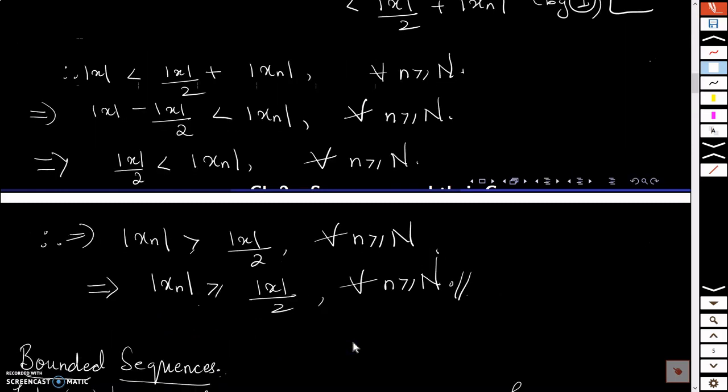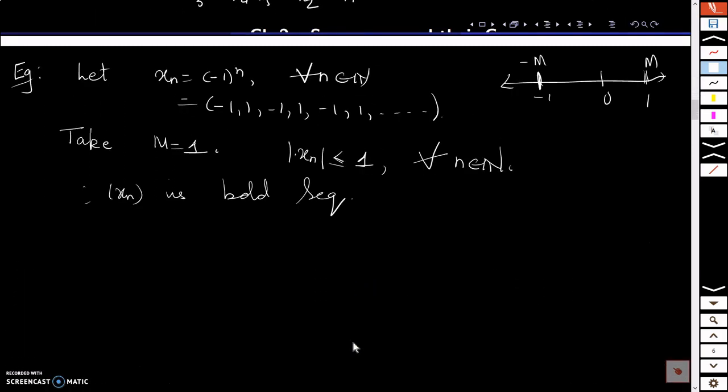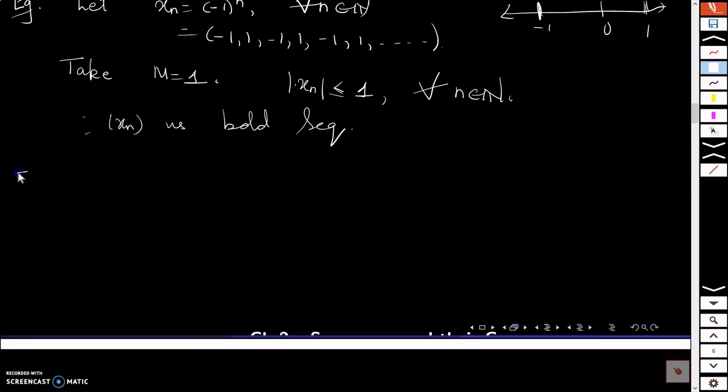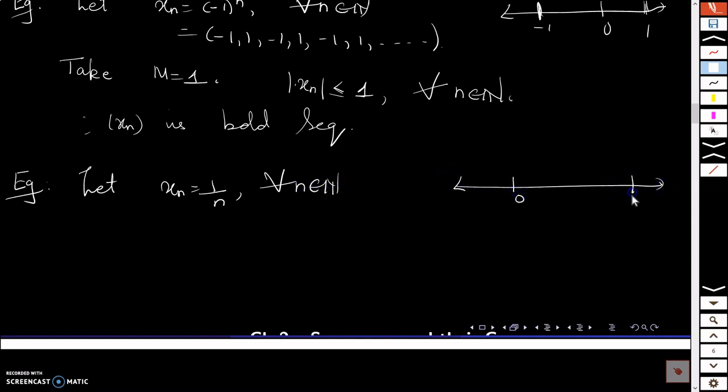Next, if you look at the sequence 1 by n, this was one more sequence that we discussed. If xn is equal to 1 by n, then all the terms of the sequence are between 0 and 1. So 1 half, 1 by 3, 1 by 4, and all are here. All are less than or equal to 1. So here mod xn is less than or equal to 1 for all n.